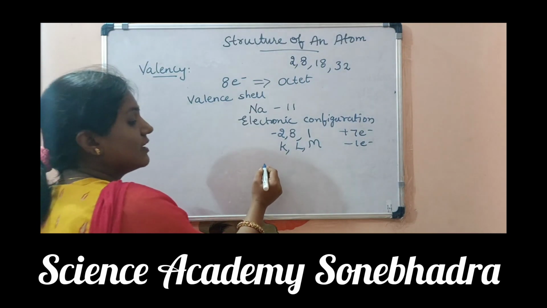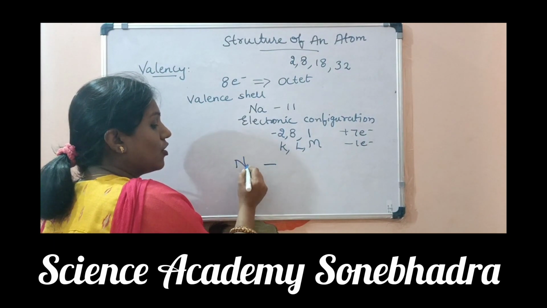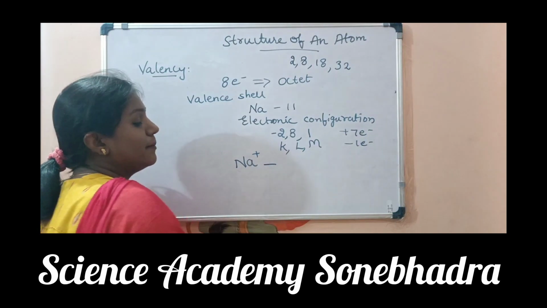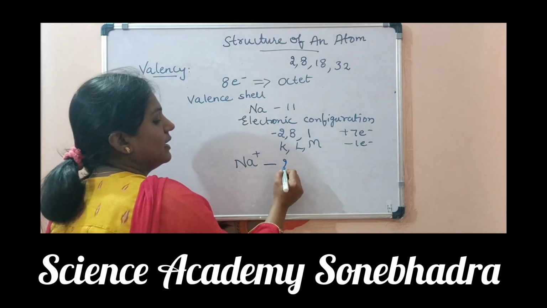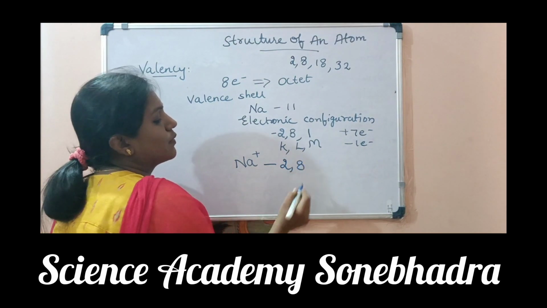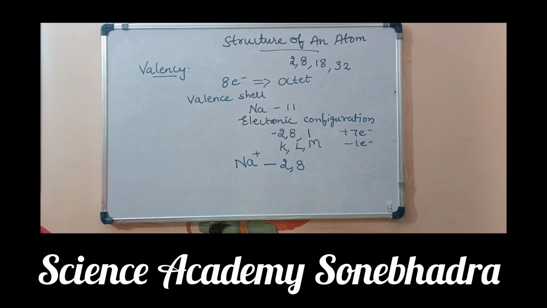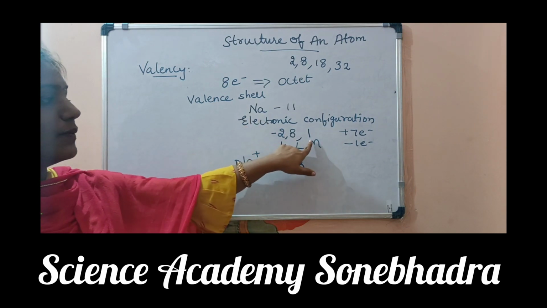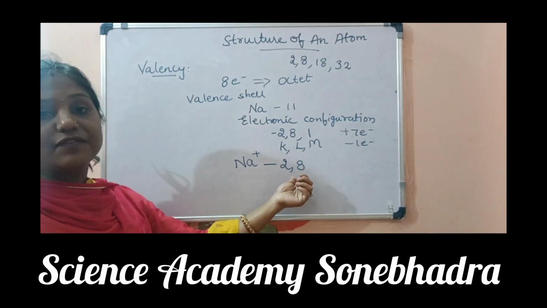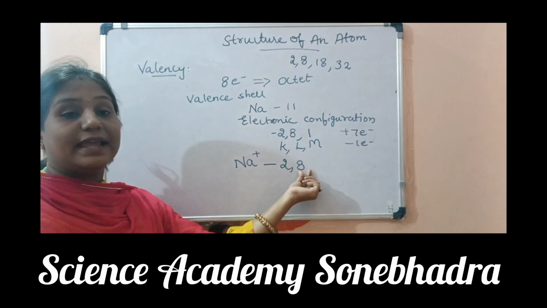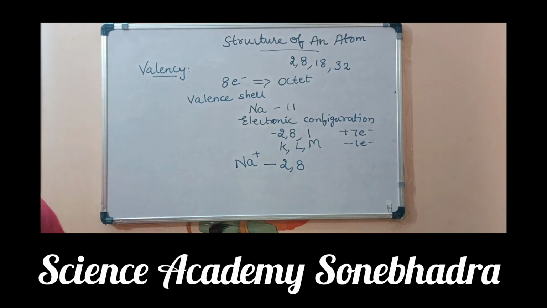Now if it gives the 1 electron to another element, it becomes Na+ with the electronic configuration 2, 8. This sodium has given 1 electron to another element and is now left with 2, 8, that is 8 electrons in its valence shell. Hence the sodium becomes stable.